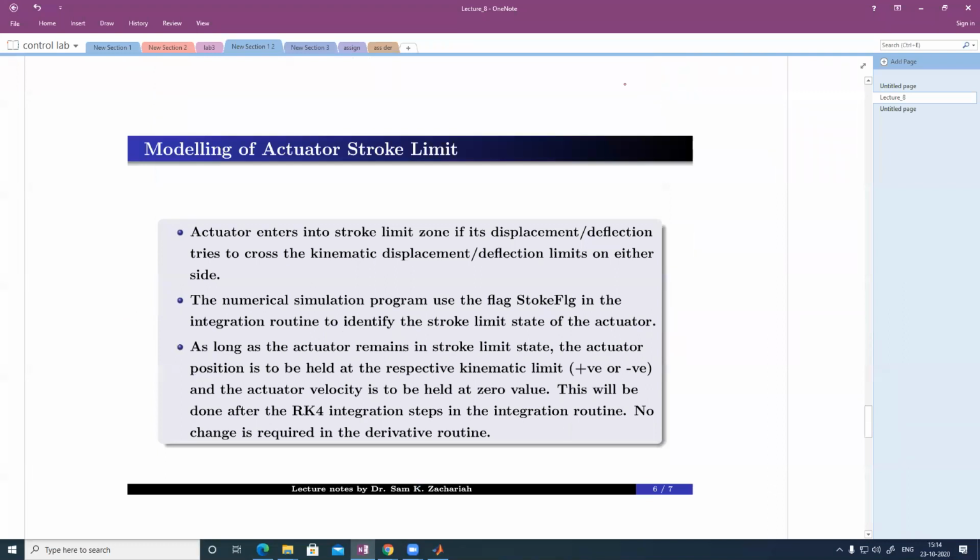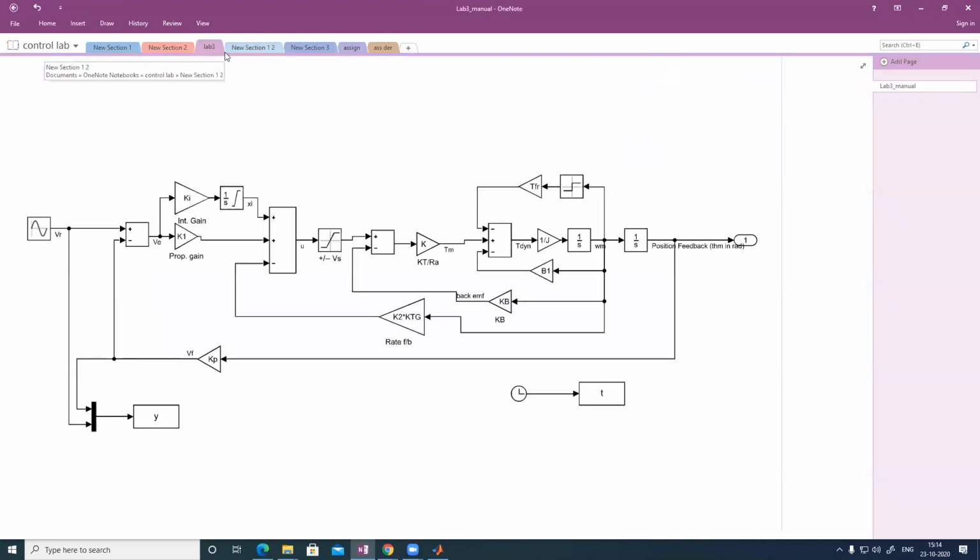Now the actuator stroke limit. This theta, this output, you have to limit to plus or minus 4 degree maximum.